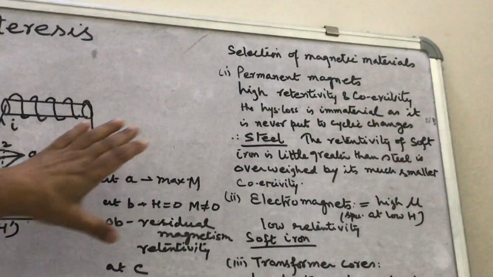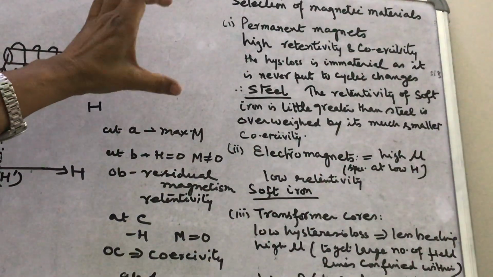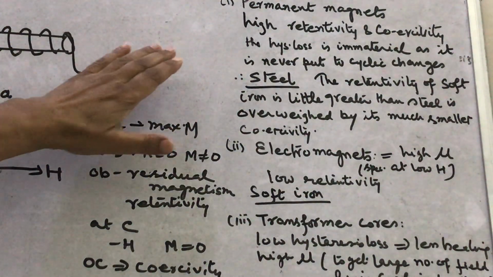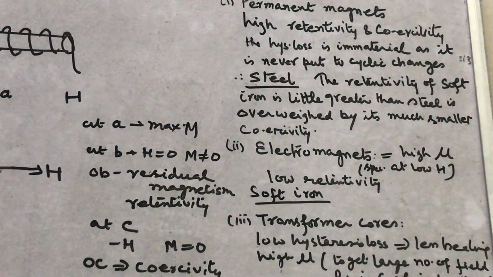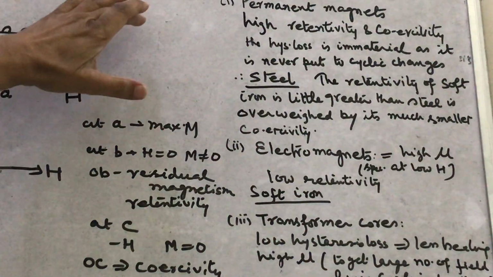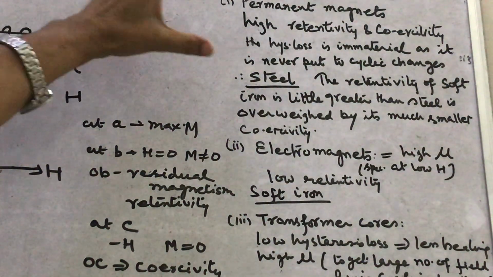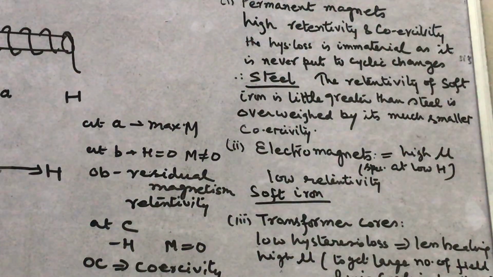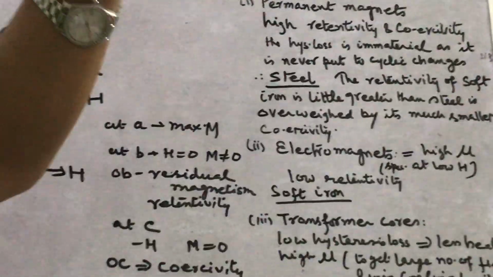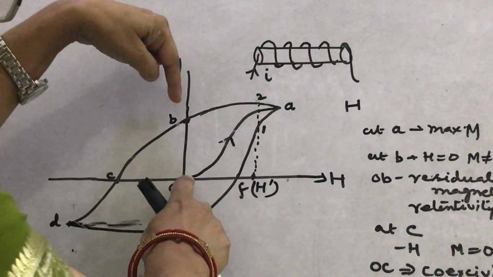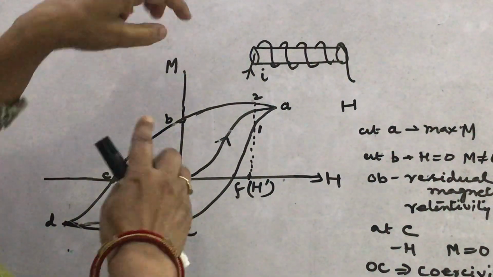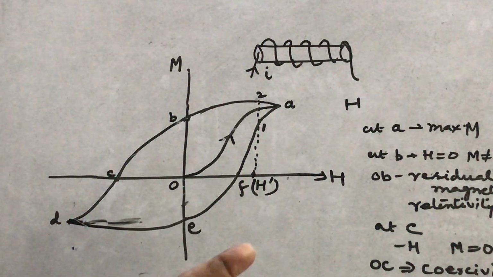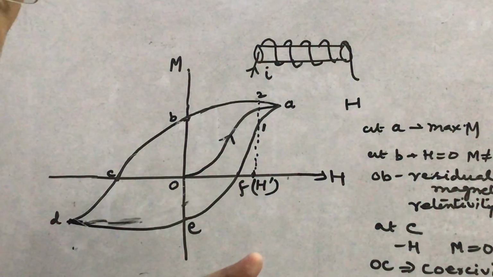Before that, we should know what coercivity and retentivity are, which we have seen. What is the meaning of high retentivity? High retentivity means that a strong magnetic field is produced. In the graph, if OB is more, then the retentivity is more, and the magnetization will be stronger, that is, a strong magnet will be produced.